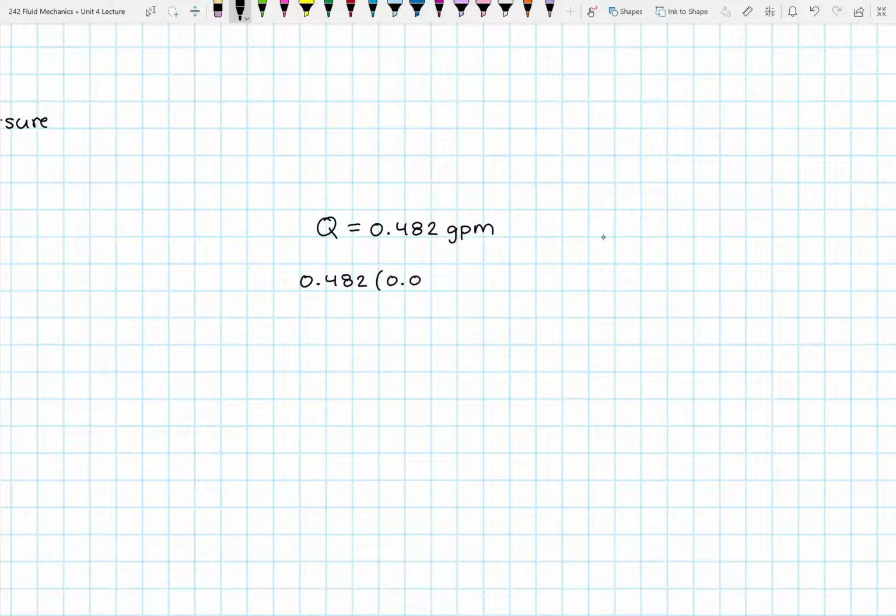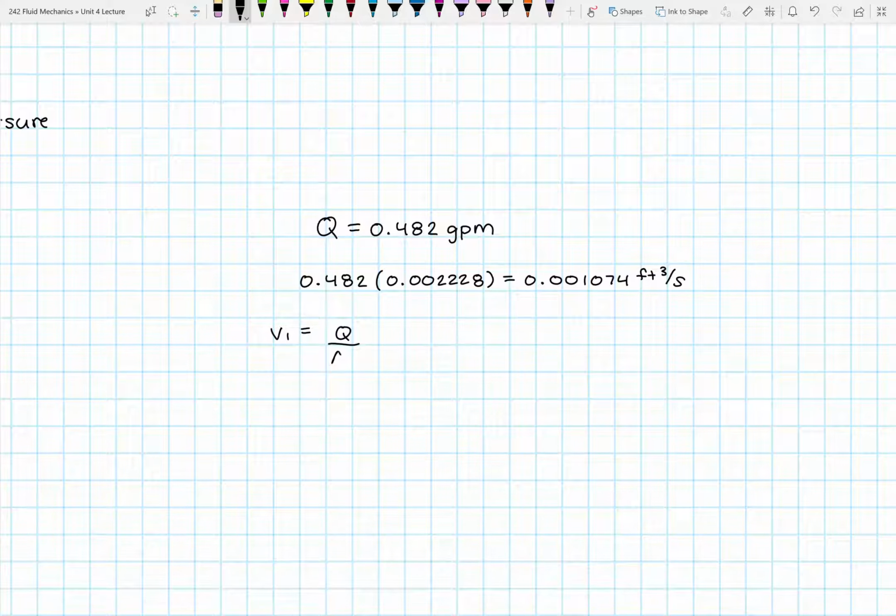Multiply that by our conversion factor that we were given, and that will give us our volume flow rate in feet cubed per second. Alright, and now we want to know the velocity because that's the number that we tend to deal with.